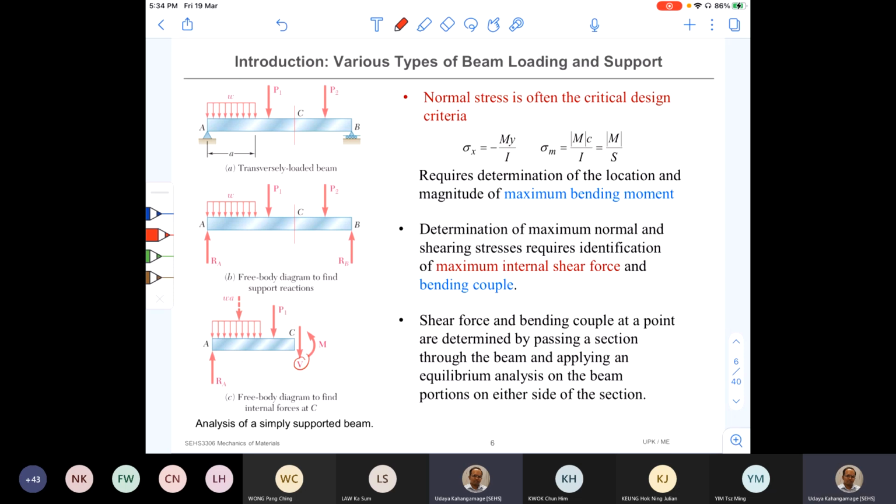Like this shear force. But that shear force is not that critical. The failure we can avoid easily. Shear force can be critical in certain situations, but normally it is not the critical failure mode. The beam is going to fail mainly because of the axial stress caused by the bending moment.